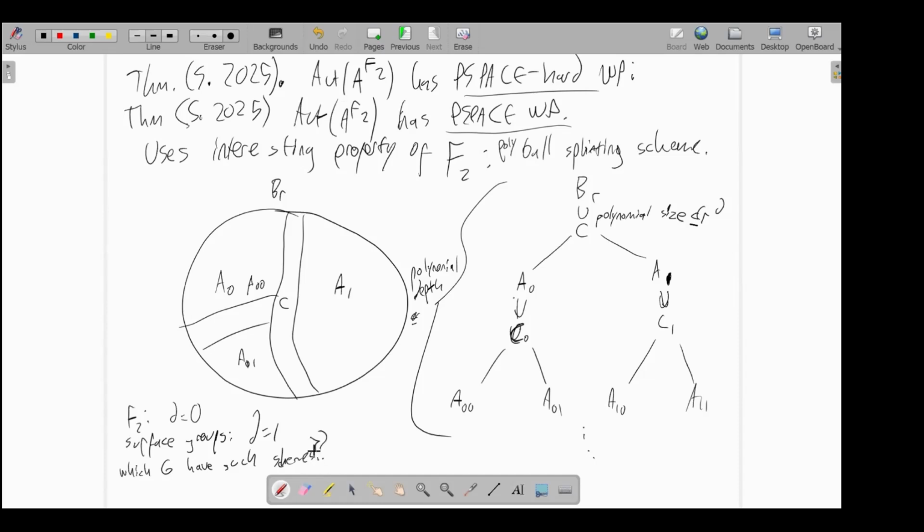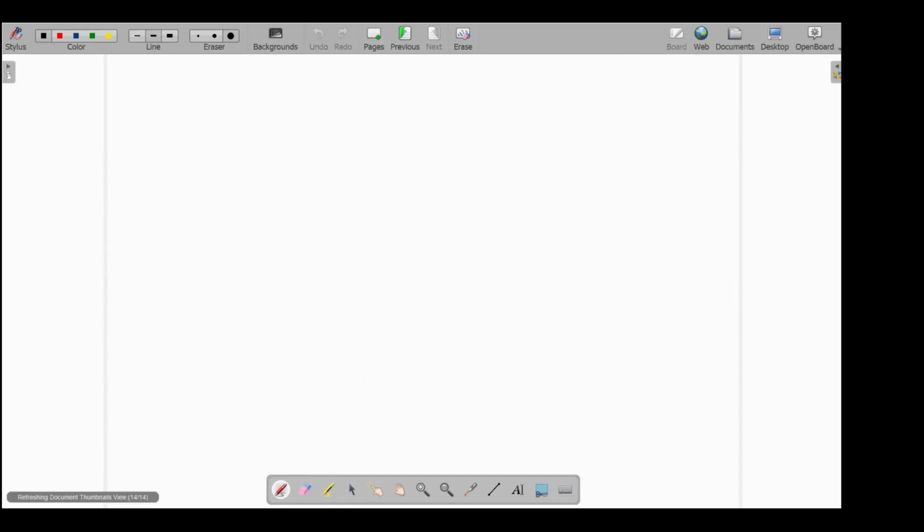So maybe you can tell me which groups admit such schemes. You can find the exact definition in my paper if you want to think about that. Laurent Bartholdi said that maybe it's true for all hyperbolic groups where the Gromov boundary is one-dimensional. I was not quite able to show that, but it might be true.